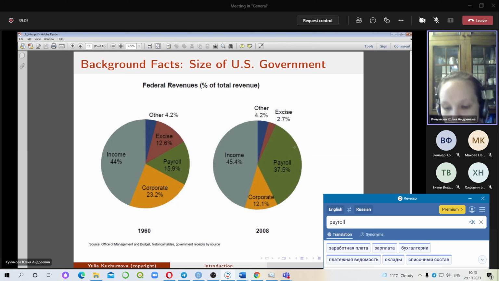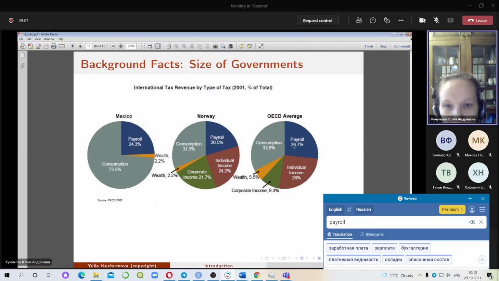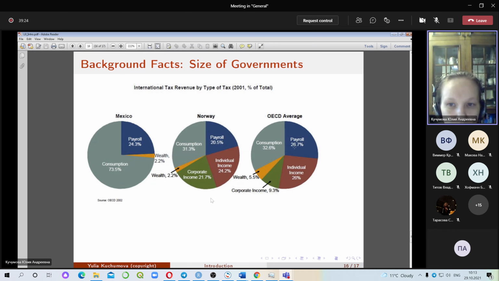And as a comparison with other countries, I have here this figure that compares Mexico, Norway, and the OECD average, and you remember those pie charts from the previous slide.